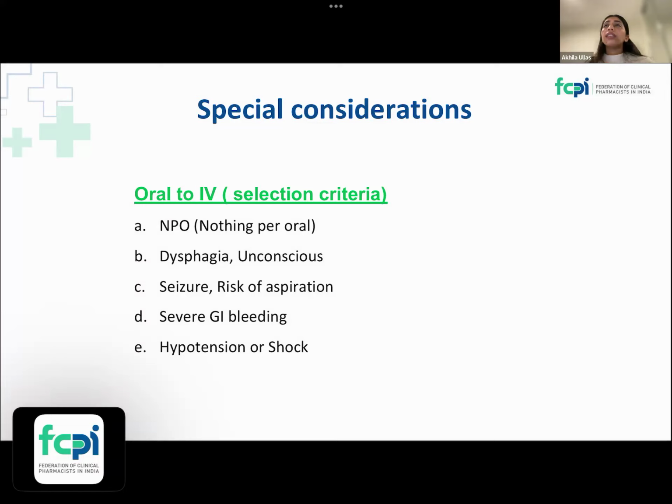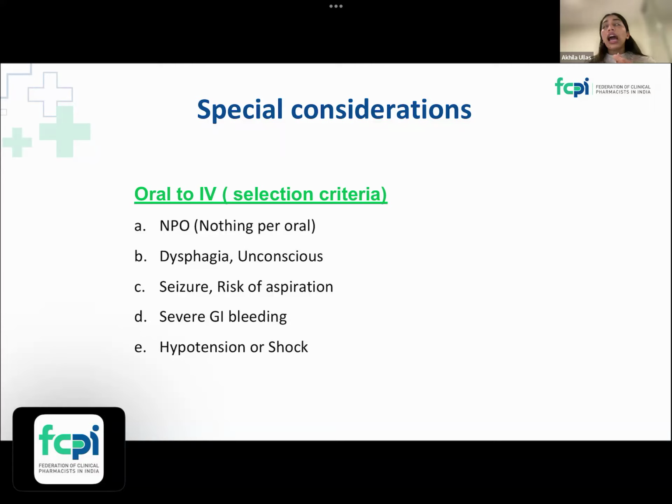For example, if the patient is undergoing any endoscopy or any gastrointestinal surgery, we'll keep the patient NPO for 24 hours, or maybe for 48 hours. For those procedures, we'll keep the patient NPO. If the patient comes after any complicated surgery, we'll keep them NPO.